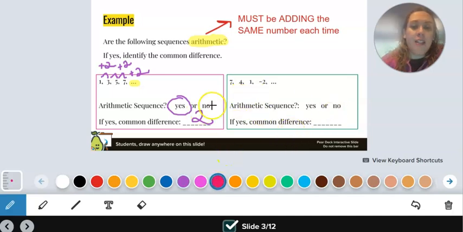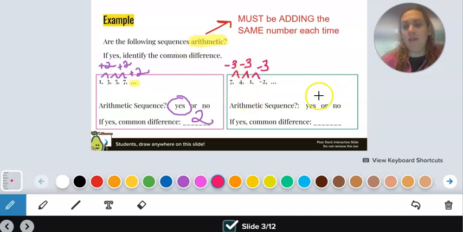Over on the right, if we're wondering if this is arithmetic, notice these numbers are getting smaller. So we're going to be thinking of subtraction or adding a negative number. So 7 plus negative 3 is 4. 4 minus 3 is 1. 1 minus 3 is negative 2.